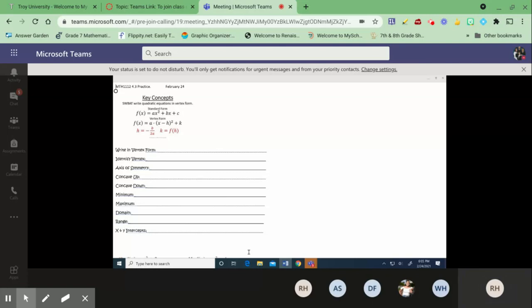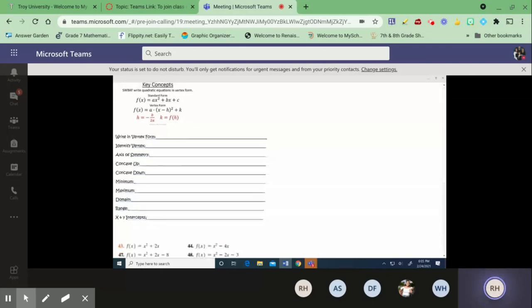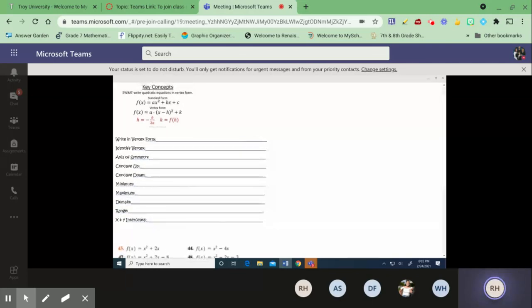I know it looks like a lot, but you know domain and range. And your vertex is going to give you this information.